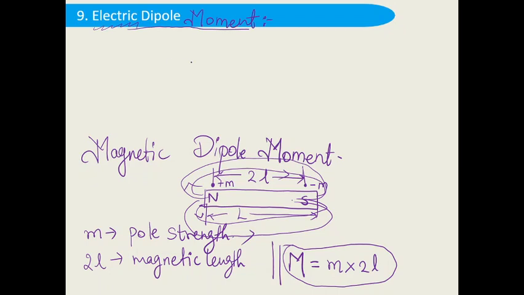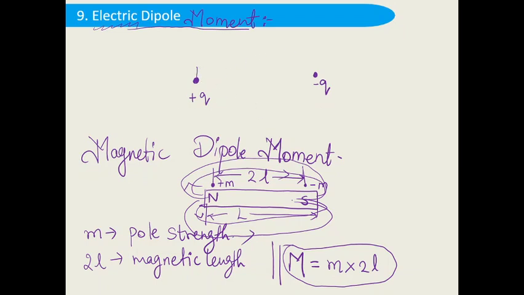Similarly, if I am talking about charge, one charge has polarity plus q and another charge has polarity minus q. Plus q is the strength of the charge, minus q is the strength of the charge, similar to plus m and minus m.